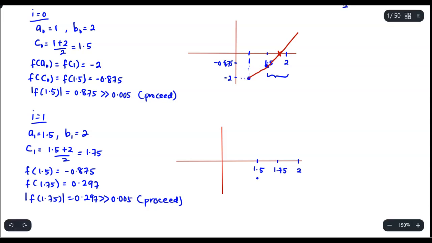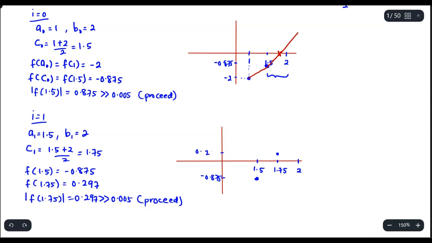When x is 1.5, the value is somewhere here, which is negative 0.875. So we have this point. And when x is 1.75, the value is 0.297. So it should be at the top, at the positive part. So let's put somewhere here.